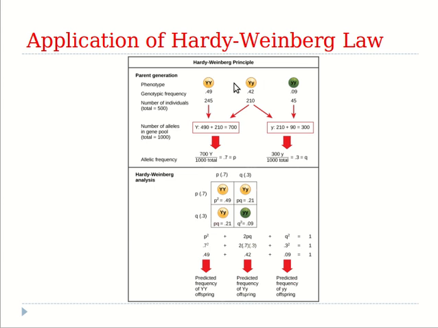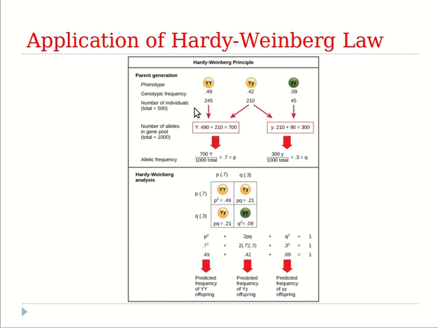It is said that the capital YY genotype is present in 49% of the individuals, given as 0.49. 42% of the individuals have the heterozygous condition and 9% have the recessive homozygous condition.